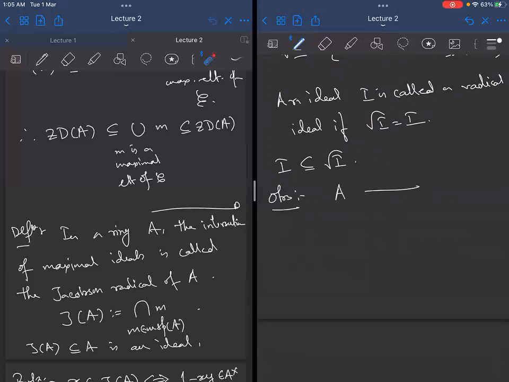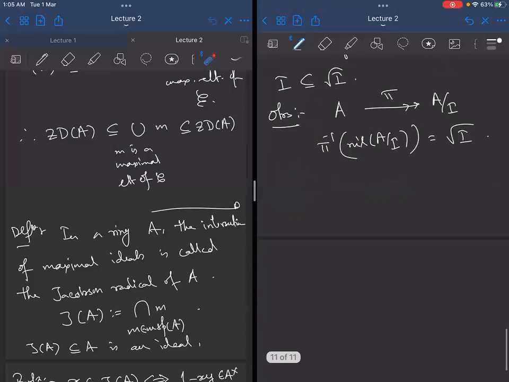You have this ring A and you have the natural projection to A mod I. You know that there was a correspondence theorem between ideals of A mod I and ideals of A. So you can see that if you take the nilradical of A mod I, and if you take the preimage of that, that is exactly this radical ideal. So going modulo I, this radical of the ideal I is actually the nilradical of the ring A mod I, and therefore some properties will be there.